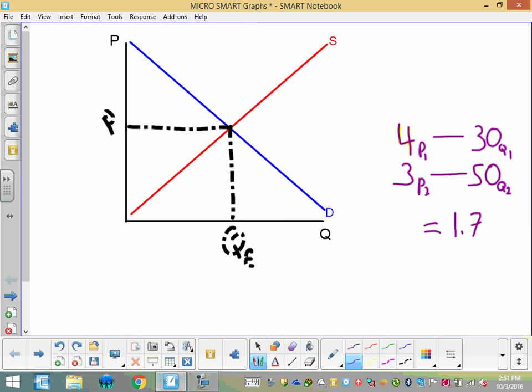1.75, is that what you guys got? Is it above 1? Okay. Yes. Do you want me to solve it out for you? All right. Do you know the formula? Only if you can tell me what the formula is. Elasticity is what we're doing right now.